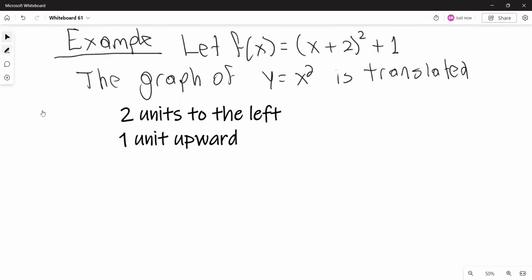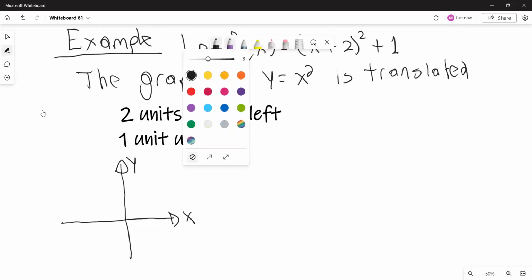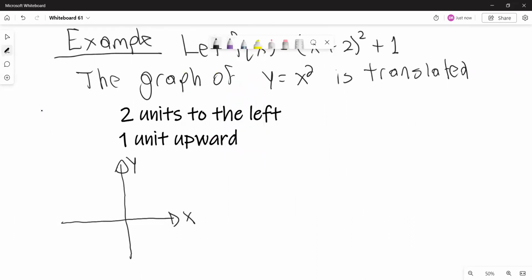Okay, so the graph is going to be the same graph as x squared, but it's going to be shifted. So that's going to shift 2 units to the left. So the vertex will have x coordinate -2 and y coordinate 1.